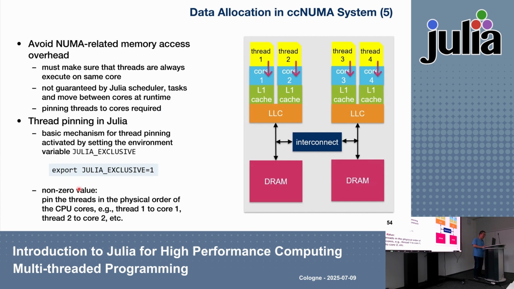And for Julia, one also needs to do the so-called pinning of the Julia threads to the CPU cores, because like I mentioned in the very beginning, the management of those threads is really messy. So one needs to enable the Julia-exclusive environment variable to make sure that, for example, the first Julia thread is pinned to the first CPU core, and the second Julia thread is pinned to the second CPU core, and so on.